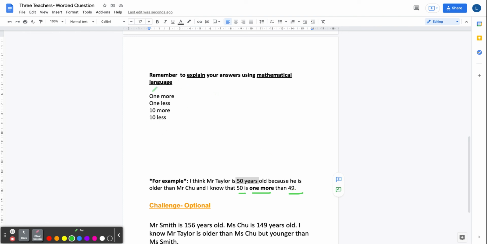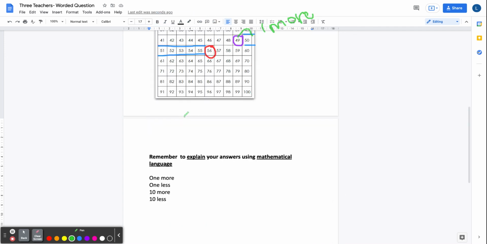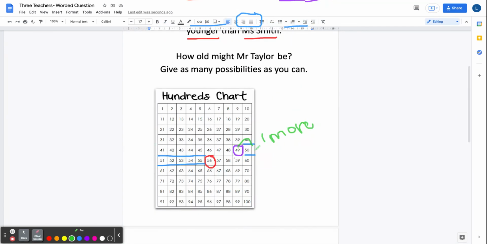So using the mathematical language, one more, one less, 10 more, 10 less, you have to explain how old you think Mr. Taylor is. You might say Mr. Taylor is 54 years old, and I know this because it's two less than 56.